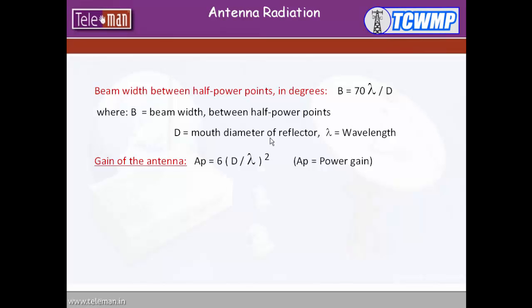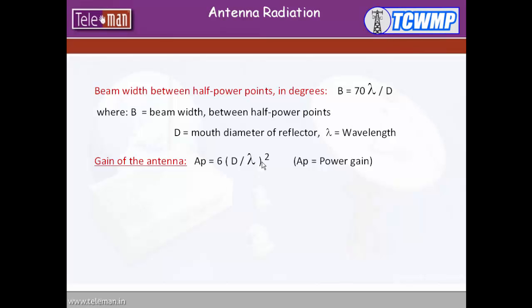Now we can express wavelength in terms of beam width. You can see that lambda is nothing but BD by 70. So I can put this value while finding out the gain of an antenna. The gain of an antenna is AP equals 6D by lambda the whole square, where AP is the power gain.